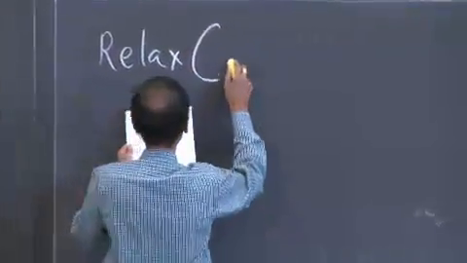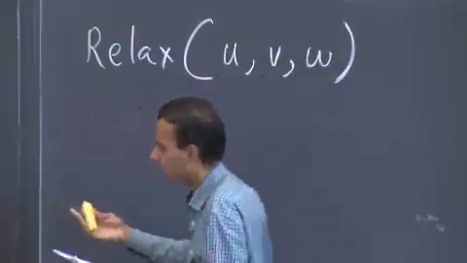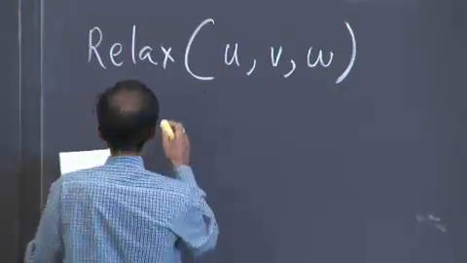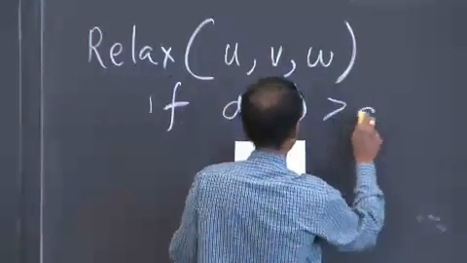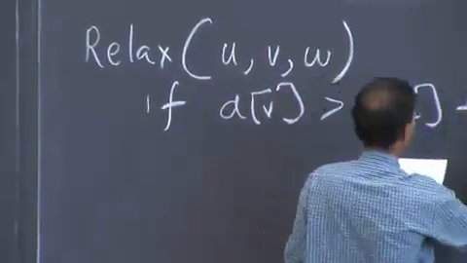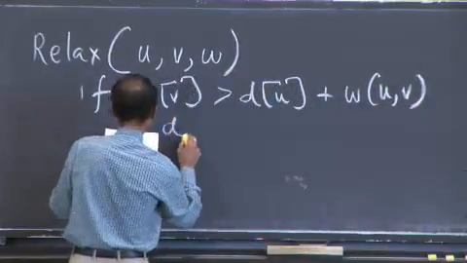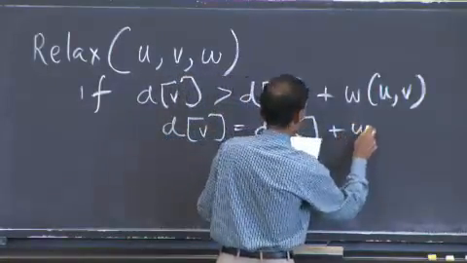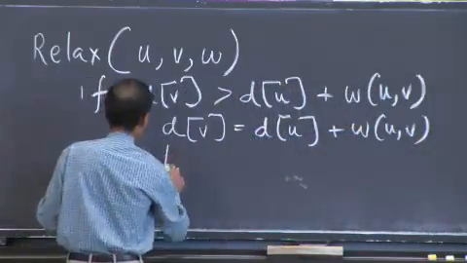Recall that our basic relaxation operation, which we did over here as we updated the infinity value to 1 and the 3 value to 2, looks like this: if d of v is greater than d of u plus w of u comma v, then I'm going to update d of v to be d of u plus w of u comma v. You found a better way of reaching vertex v, a shorter way.